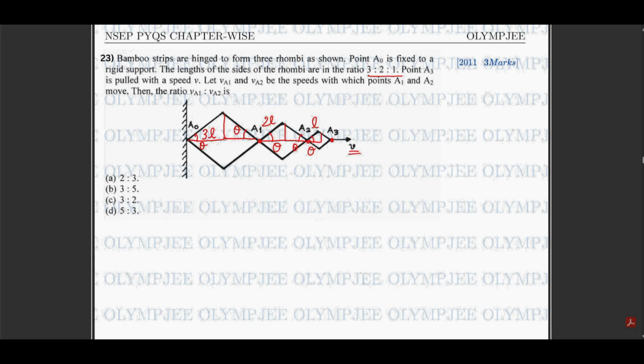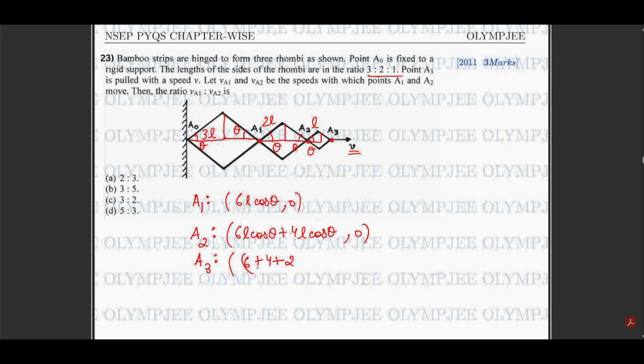So we can write the coordinates of A1 as 6L cos theta, comma 0, A2 as 6L cos theta plus 4L cos theta, comma 0, A3 as 6 plus 4 plus 2L cos theta, 0.